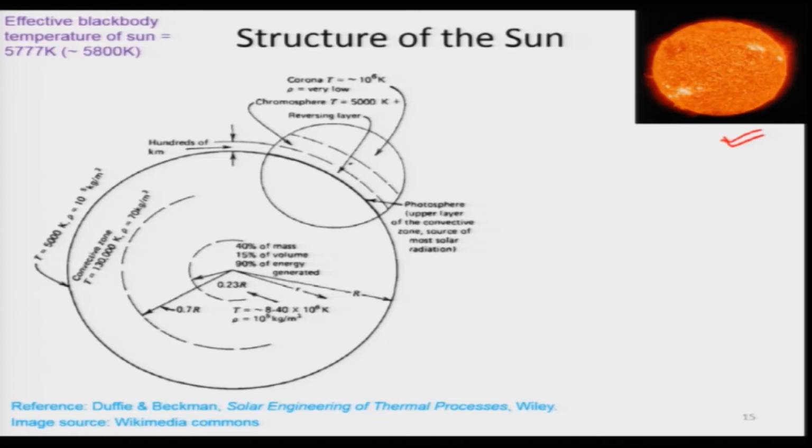So, at the core the temperatures are very, very high, but we will figure out a way in our radiative heat transfer chapter, that even though those temperatures could be even millions of degrees as given over here, and there are some millions of degrees even in the corona as well. So, there are some small areas in the corona, but the effective temperature for the sun. So, we will learn these terms, what the effective black body temperature actually means.